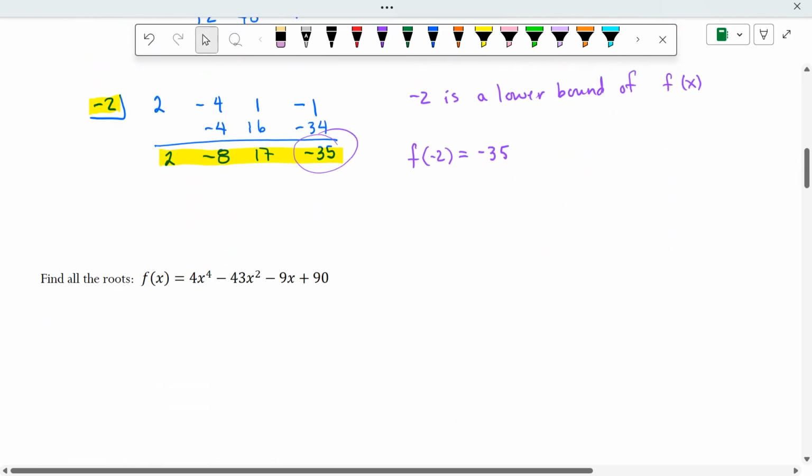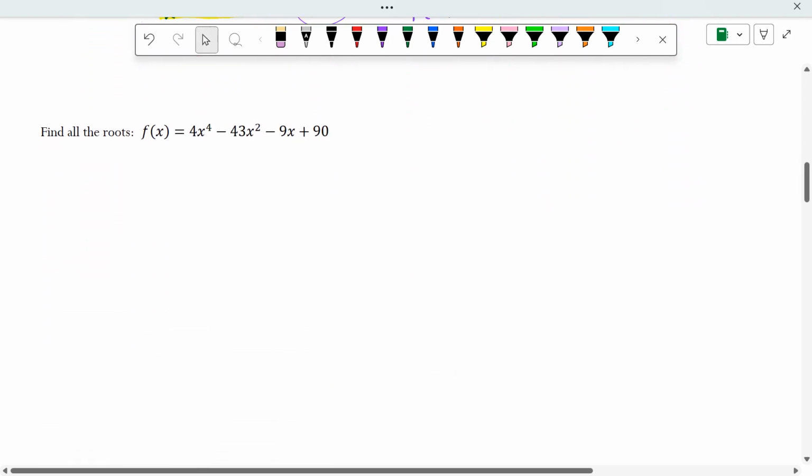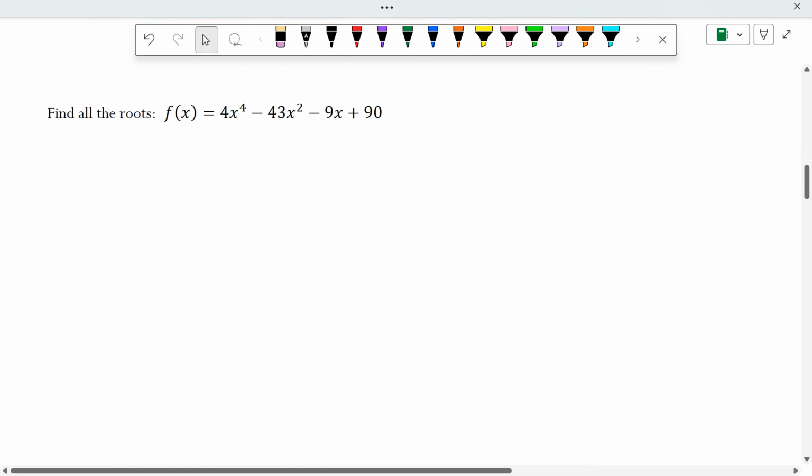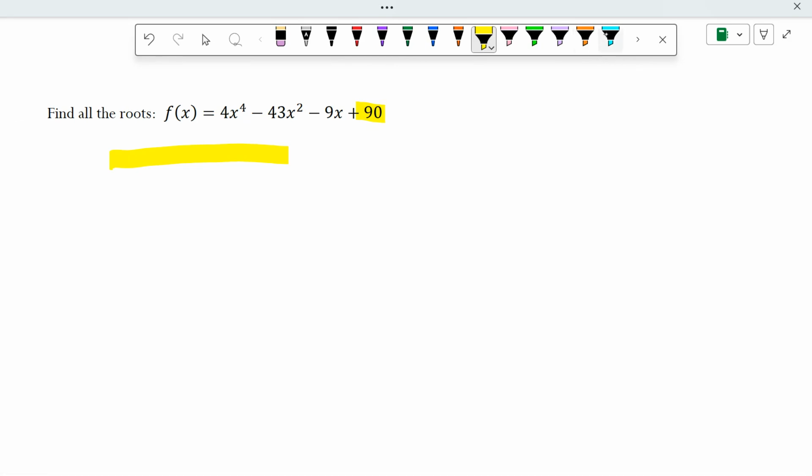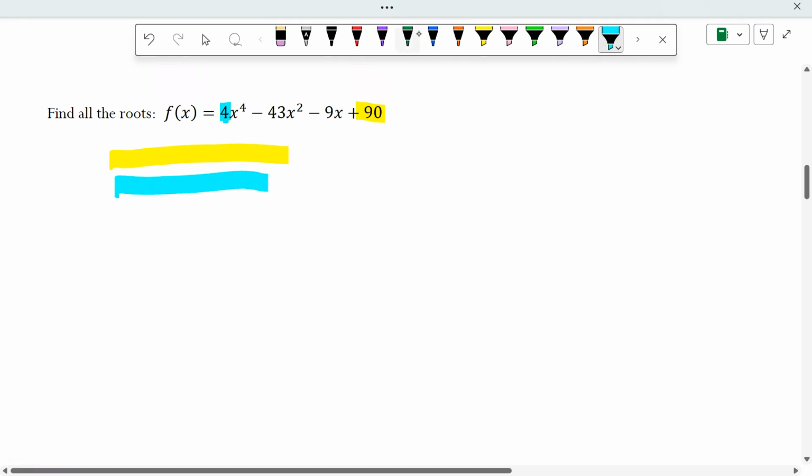So let's put all of this into practice, and we want to find all of the roots to this polynomial. I want factors of my constant term, and then I want factors of my leading coefficient. So I made this one big on purpose.